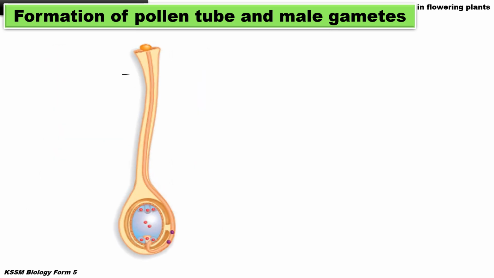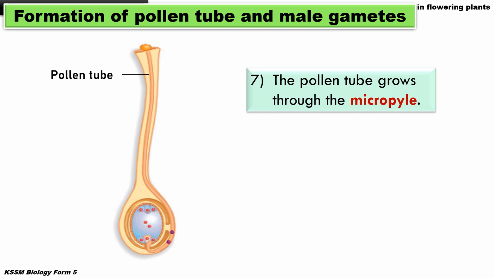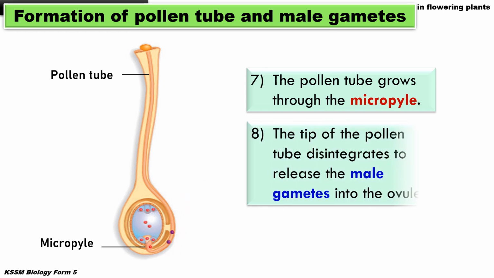Okay. And then next, okay, sama yang ni tak payah lukis lah. Okay, the pollen tube will grow through the micropyle bawah ni. Then dia pergi mana? Okay, the tip of the pollen tube disintegrates so that it can release the male gamete.